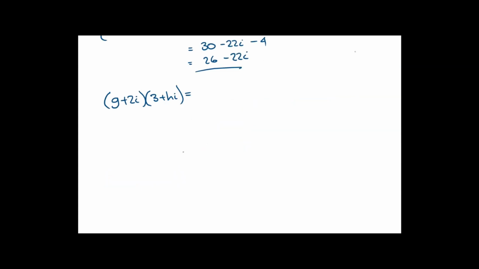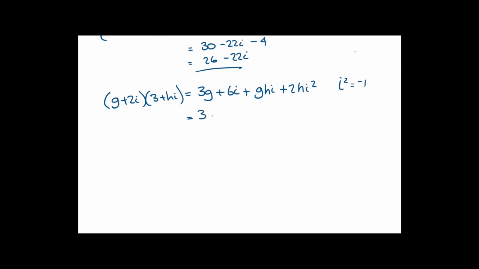Okay, so we have 3g plus 6i plus ghi, g times hi, plus 2hi squared. i squared by definition is minus 1.